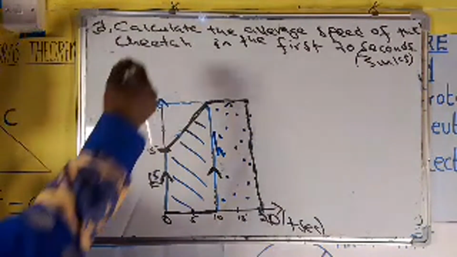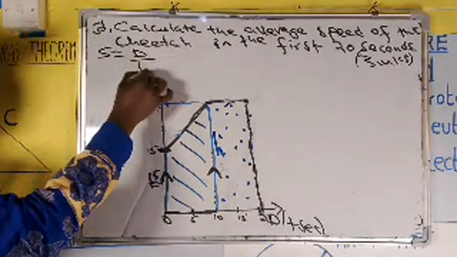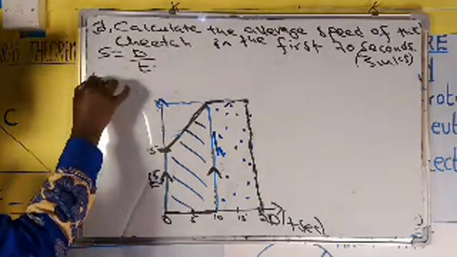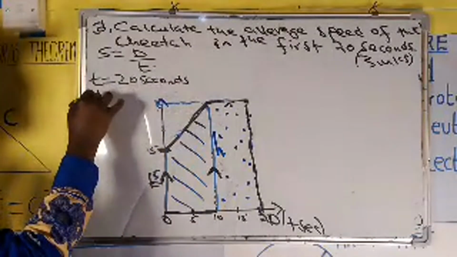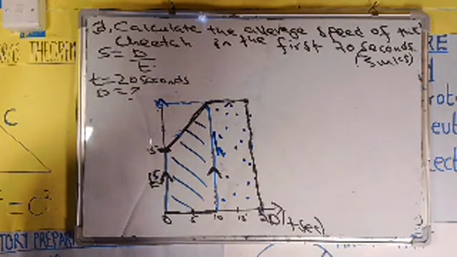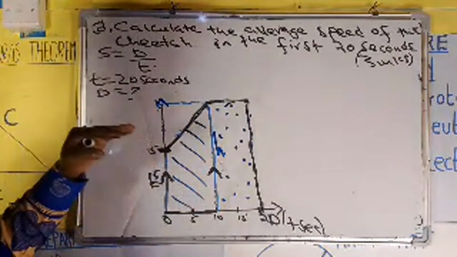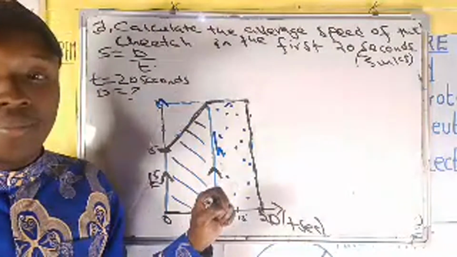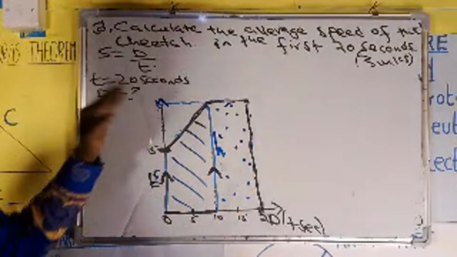So remember, for you to find average speed, speed is equal to distance over time taken. So already tuko na time taken, tumeambiwa ni 20 seconds. Tunahitaji kwanza tutafute distance. So ni distance hatuna. And for us to find the distance of an area bounded within the velocity time graph, we determine the area bounded.